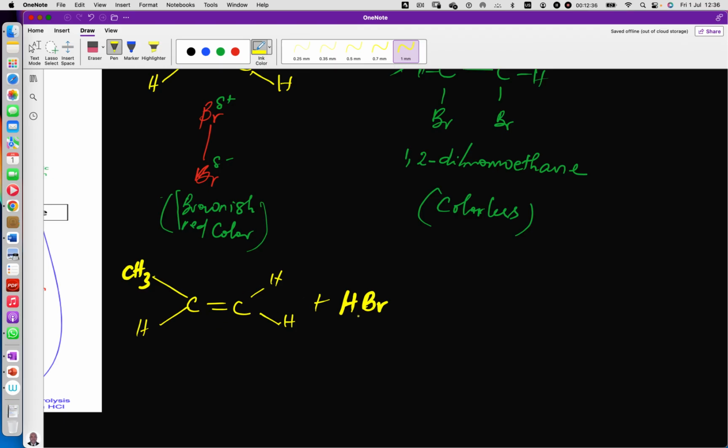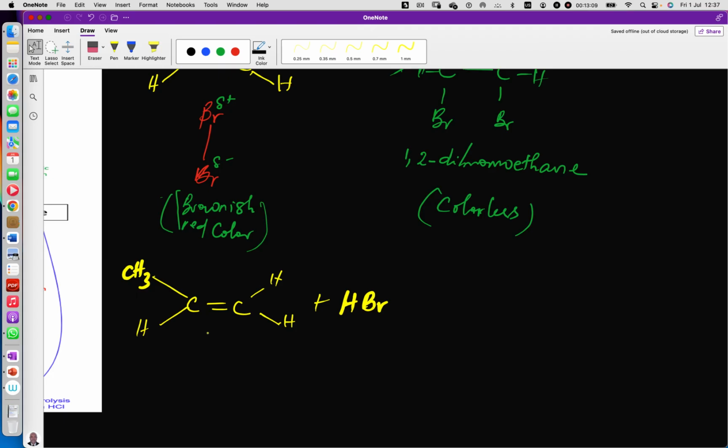So when HBr is added to an unsymmetrical alkene, hydrogen will attach itself to the carbon atom that has the higher number of hydrogens, and the bromine will attach itself the other way.